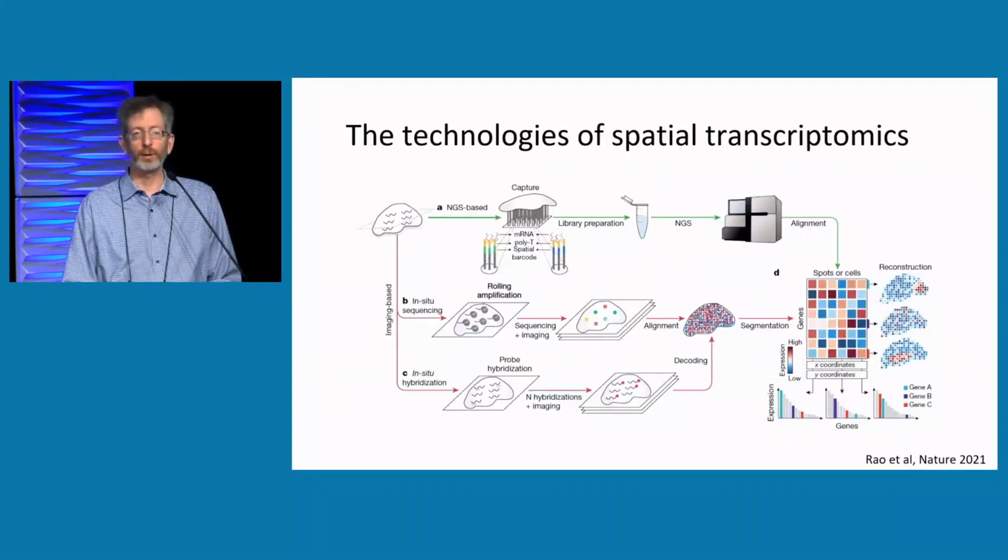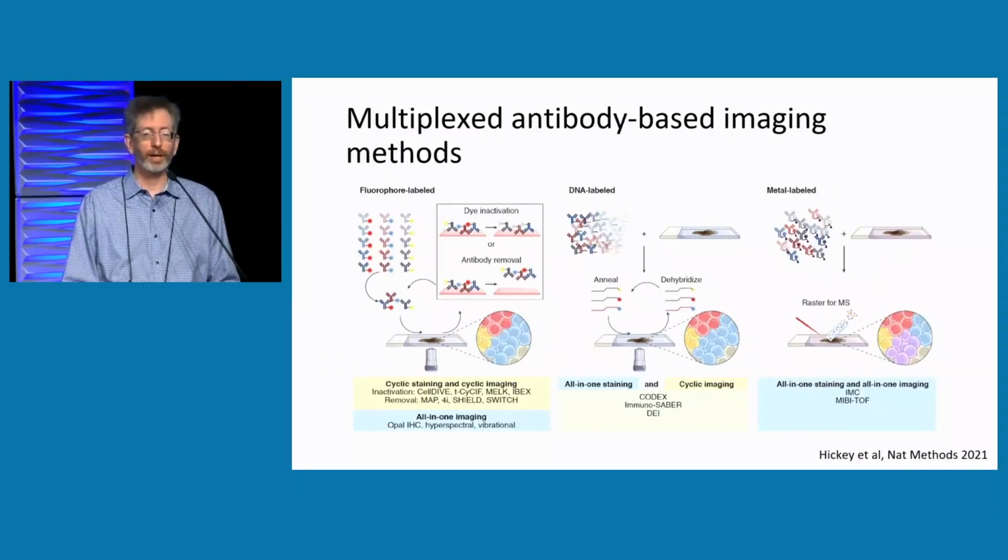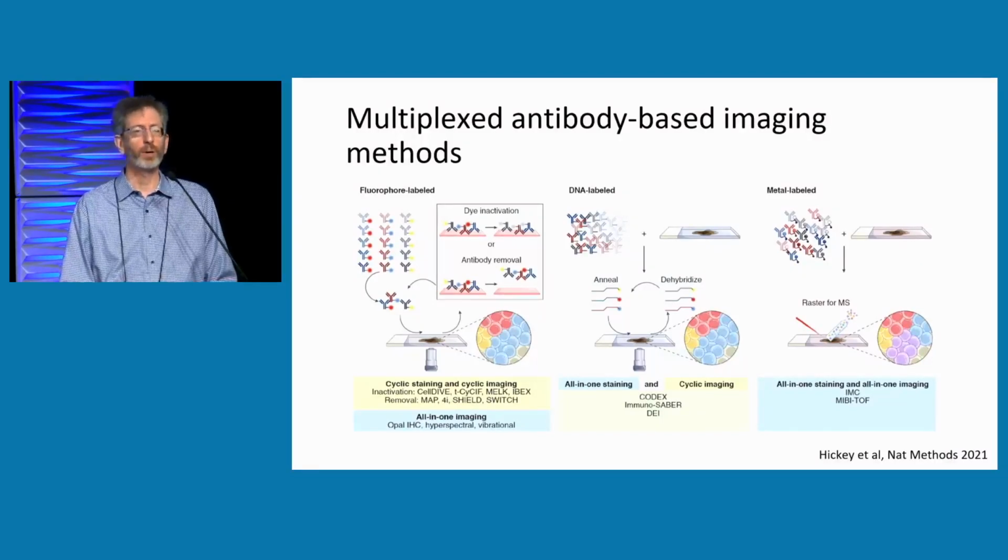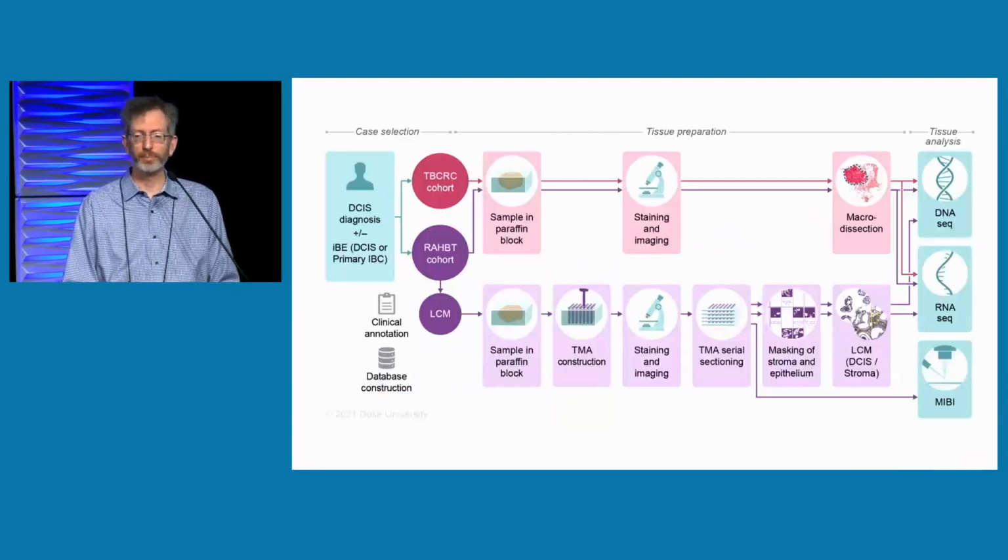I've already mentioned the proteomics, but there are new spatial transcriptomic technologies that use a variety of sophisticated techniques to either dissect out important pieces of tissue like the stroma, or do in situ analyses, multiplex in situ analyses, to look at the stroma within the actual tissue. And of course, there are a variety of multiplex antibody-based imaging methods, including what I'll talk about today, which is the multiplexed ion beam imaging on the far right, designed by Mike Angelo, who's one of our collaborators.